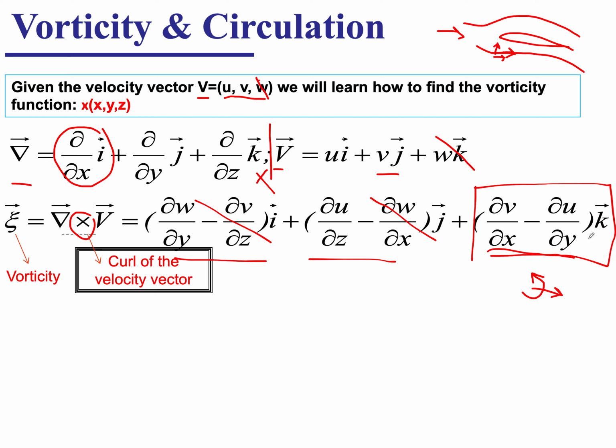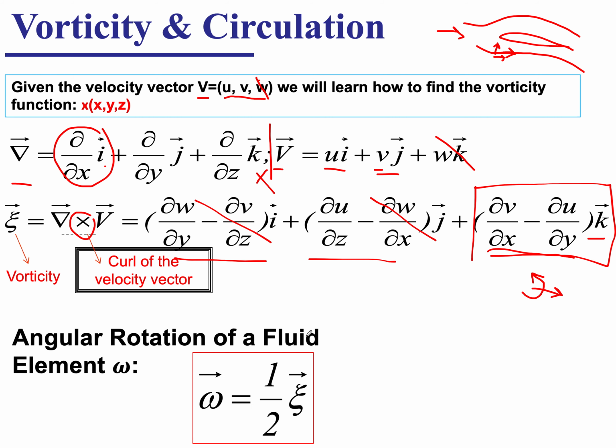And that's why it's a k. So you start with the in-plane velocity components, u and v, and you end up with the vorticity in the third Cartesian coordinate direction.